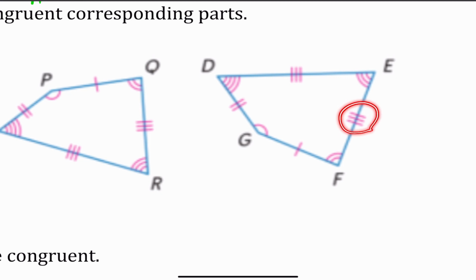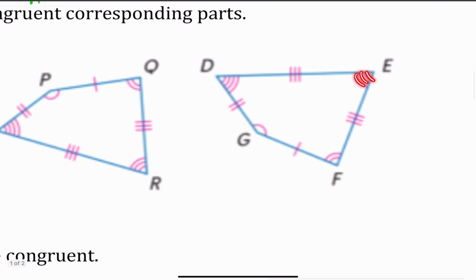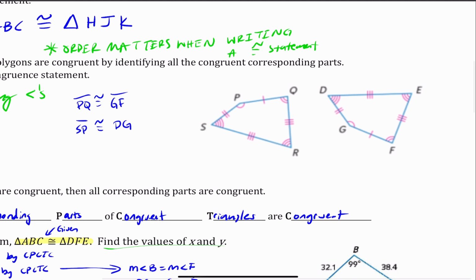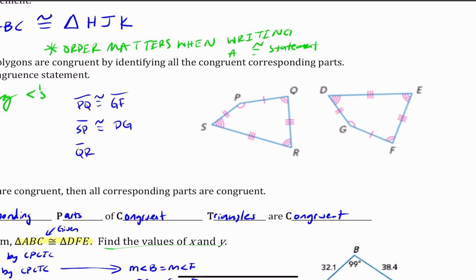So in this case, it's this. Segment FE has the 3 tick marks where it's between the 3 arcs and the 2 arcs, just like QR has. So those correspond. So segment QR is congruent to segment EF. And then in this case, segment SR is congruent to segment DE.